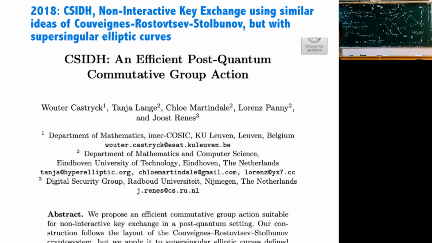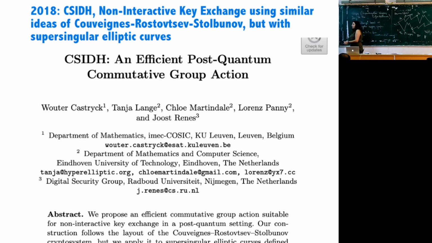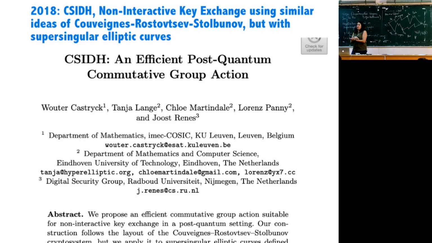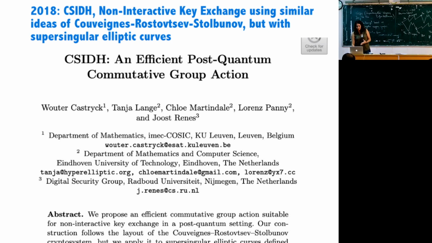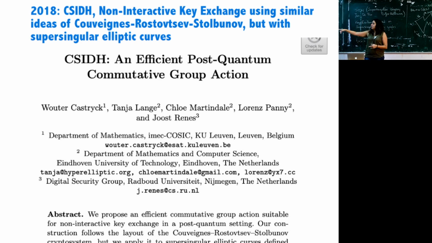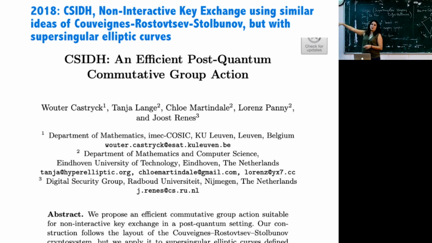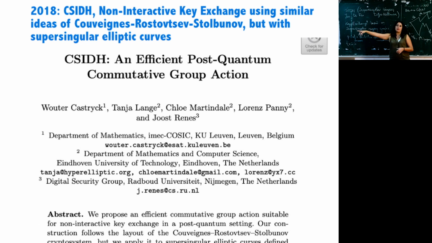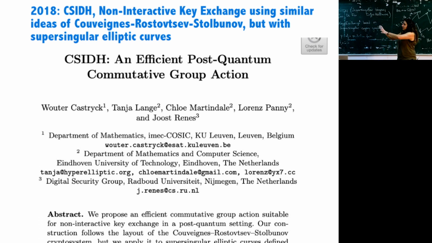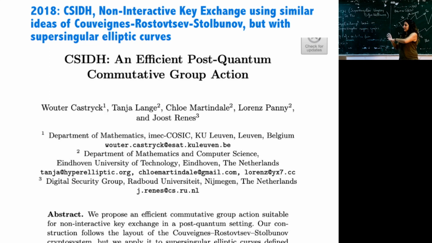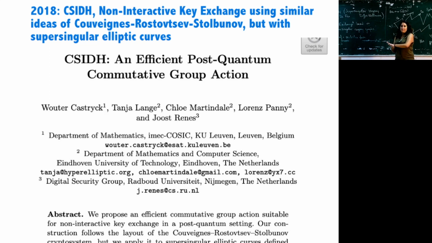Basically, they use the ideas proposed by Couveignes, Rostovtsev, Stolbunov with ordinary elliptic curves. But because of this, it is also not very good because we have quantum sub-exponential attacks also in this case. So still, it is something which is very efficient, but not the best in terms of security.